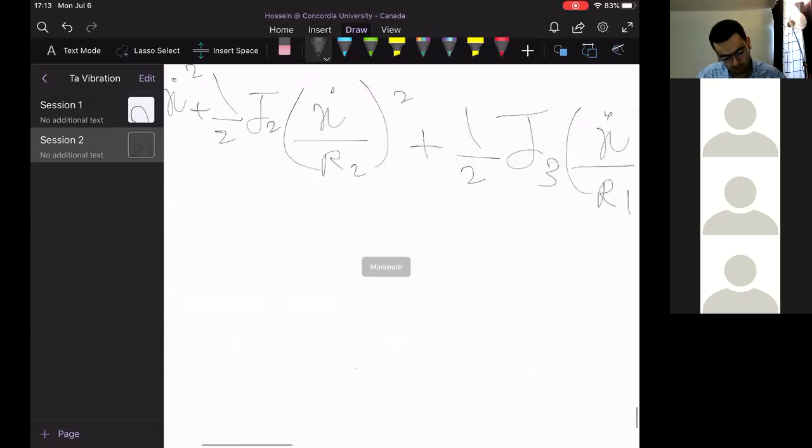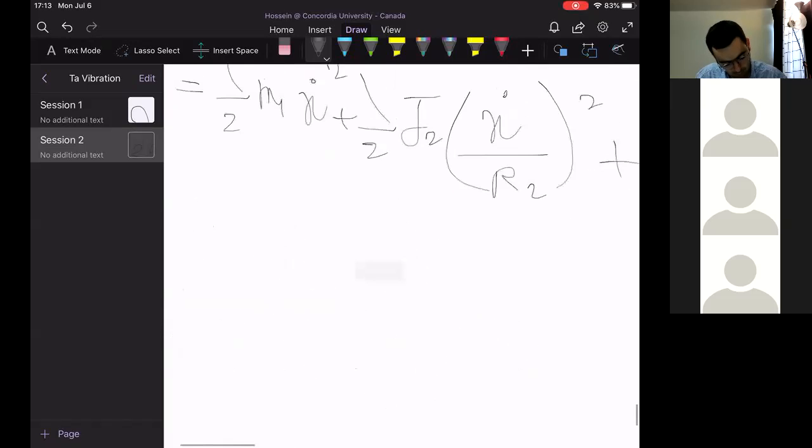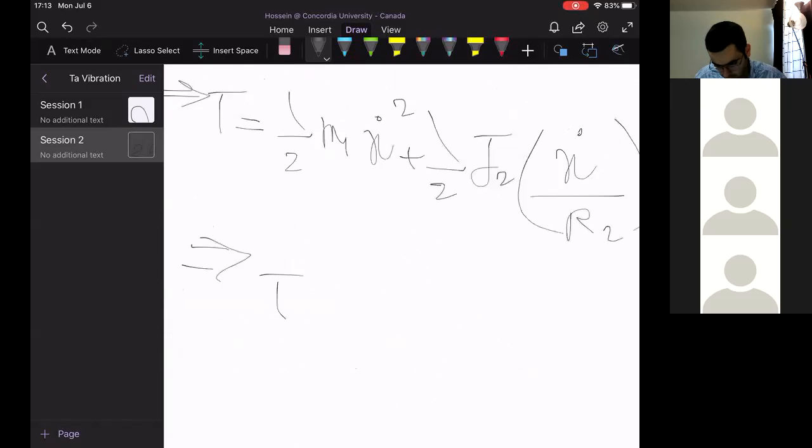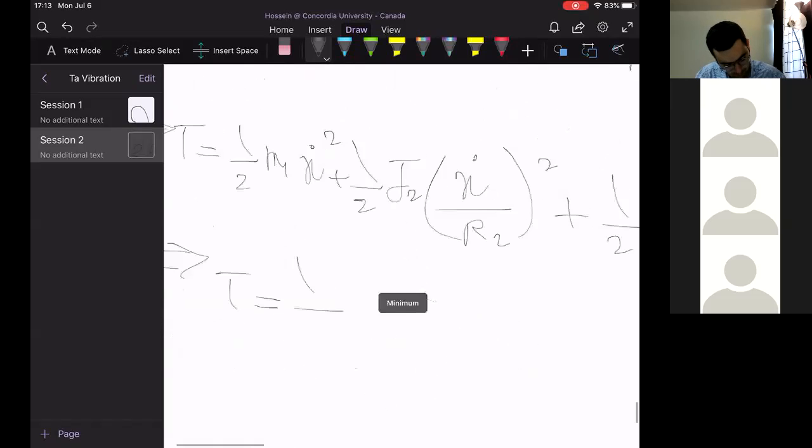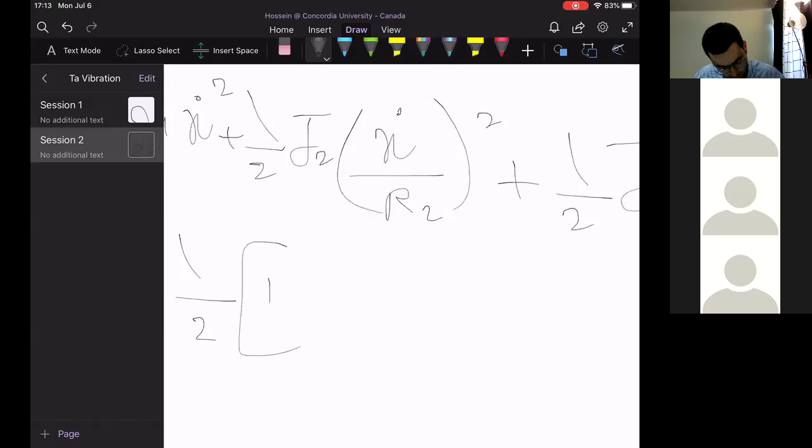You could factor out, therefore T would be 1/2 times m1 plus j2 over r2 squared.